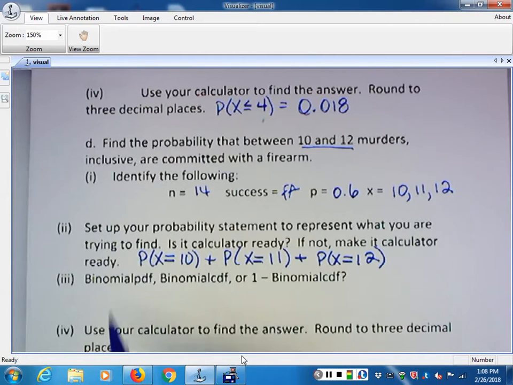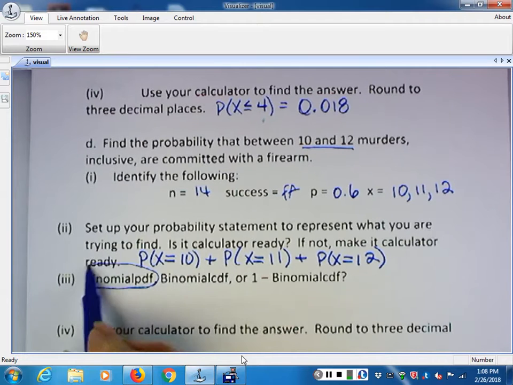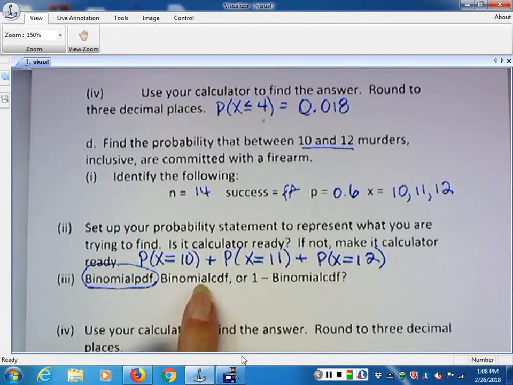Which means that you'll just use this. Because we're not going down and we're not going up. We're going in between. Okay? And it's really hard to use CDF to figure out how to do the ones that are between.